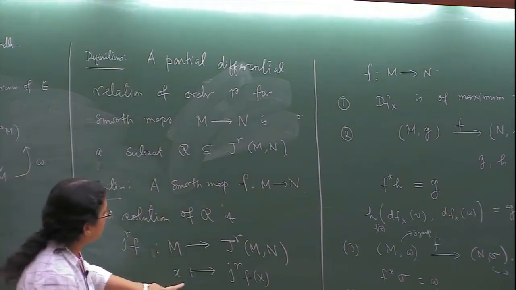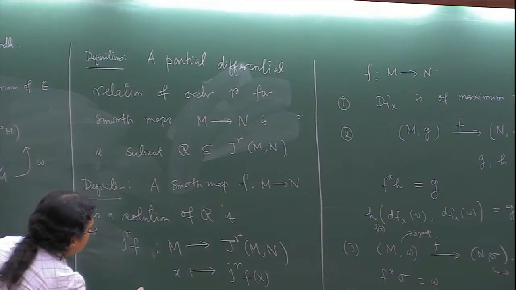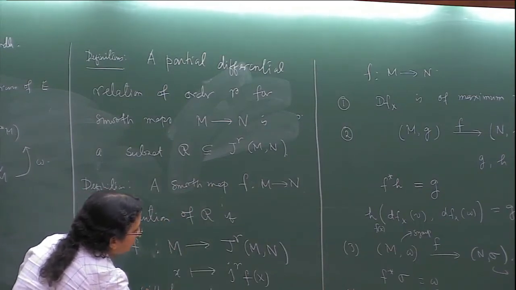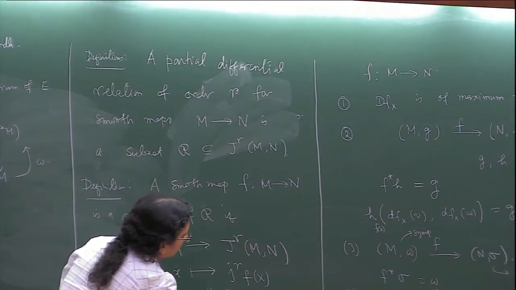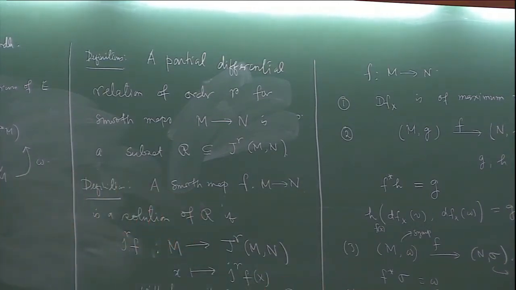So this is a map here, but because it is a solution, we have its image inside this R. Now we can compare with what we wrote.